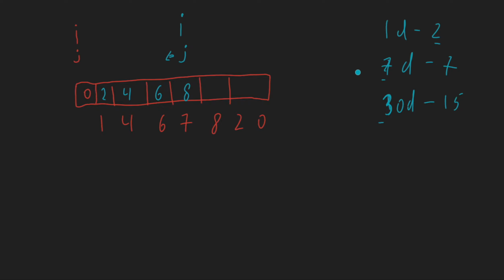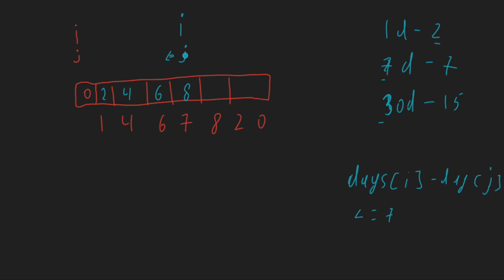So first we are going to check for the 7 day. We are moving our j pointer until the difference of days i minus days j is less than or equal to 7.